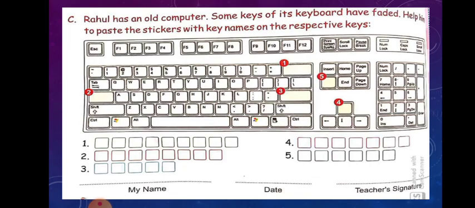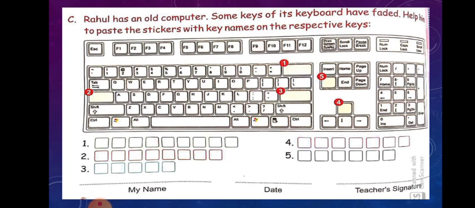Okay. Now next one, C. Rahul has an old computer. A boy named Rahul has an old computer. Some keys of its keyboard have been faded. Faded means the writing is no longer there, it has worn off. It has been faded.